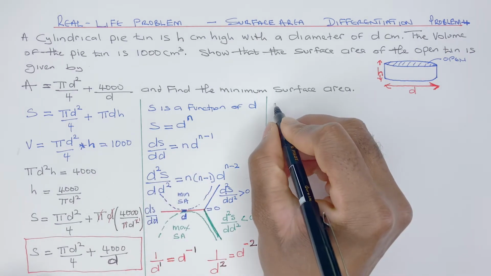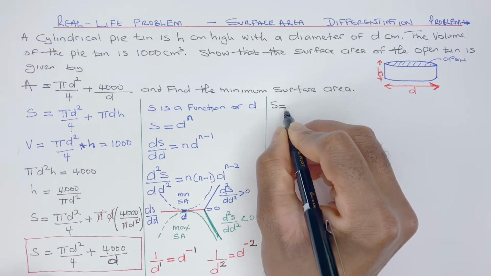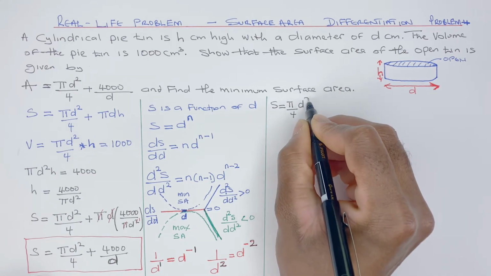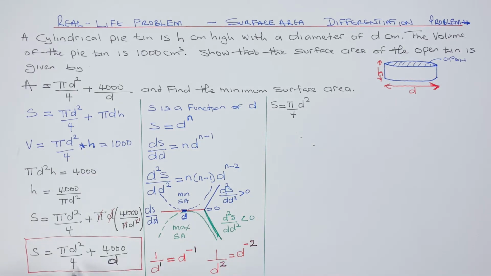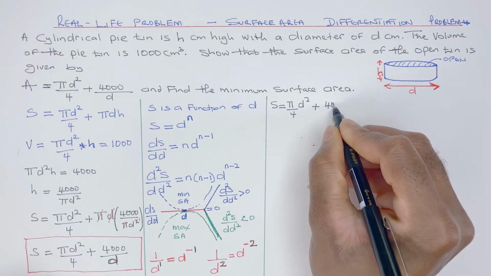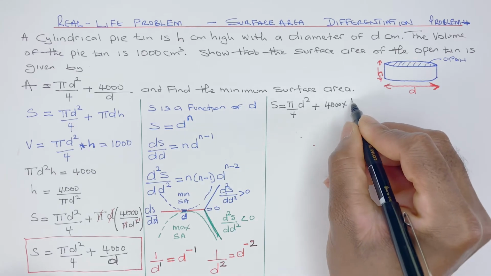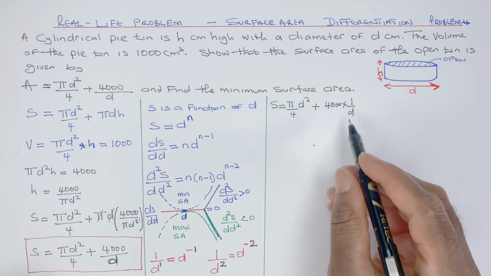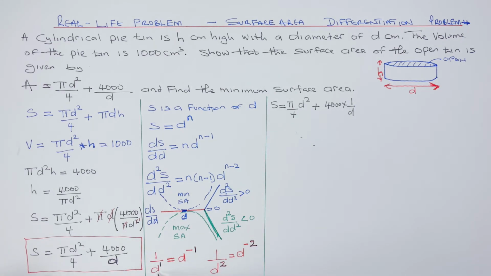So we're going to use S equals pi over 4 D squared. That's okay because there are two terms here, 1 and 2, plus 4,000 times 1 over D. That's the same thing as that. If you see the 1 over D here, we can write it like that.